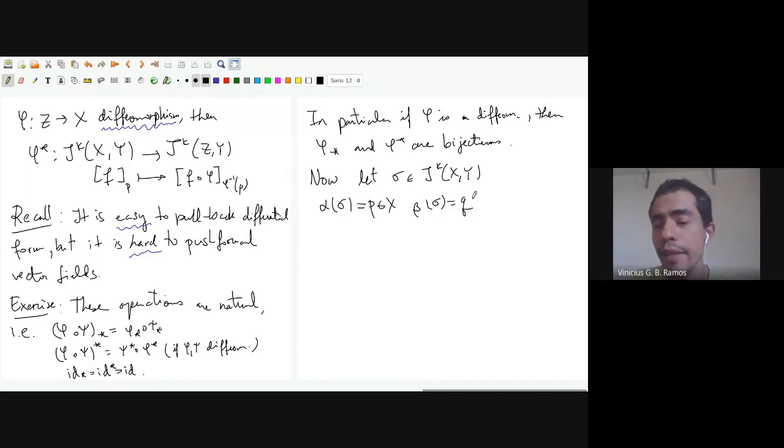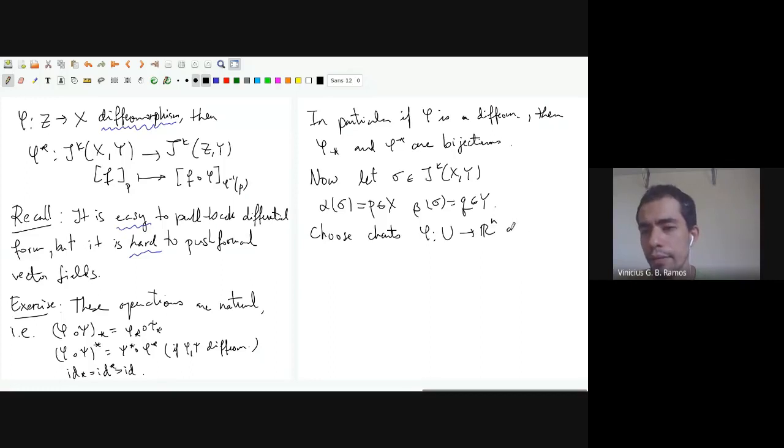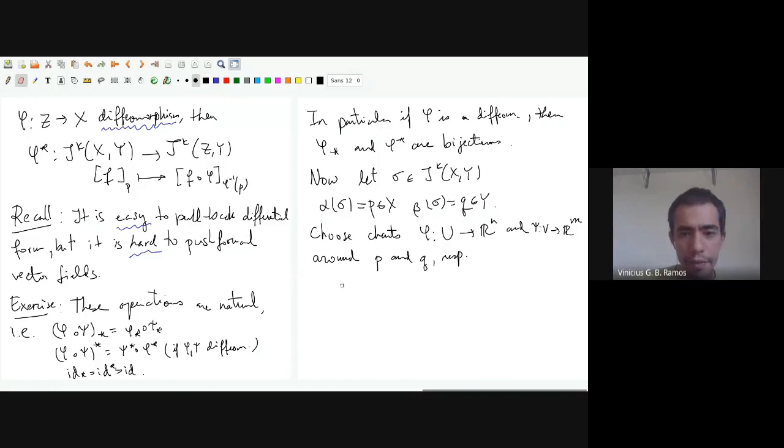So this is a point in X, and this is a point in Y. So now we choose charts phi and psi, around P and Q, respectively.